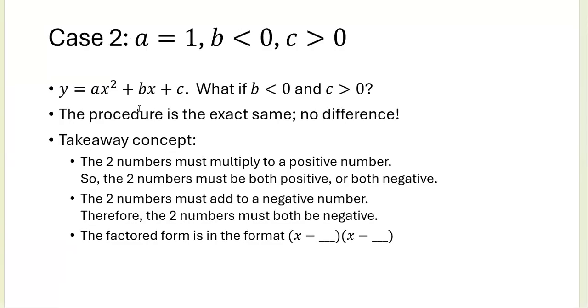Okay. And similarly, in this one, the product of the two numbers is positive, so once again, they have to be both positive or both negative. In this case, where b is less than 0, the two numbers have to sum up to a negative number. That means those two numbers must be negative. Okay. Well, that was the concept I wanted to impart.